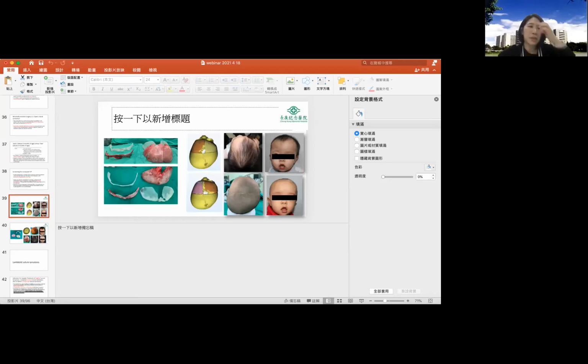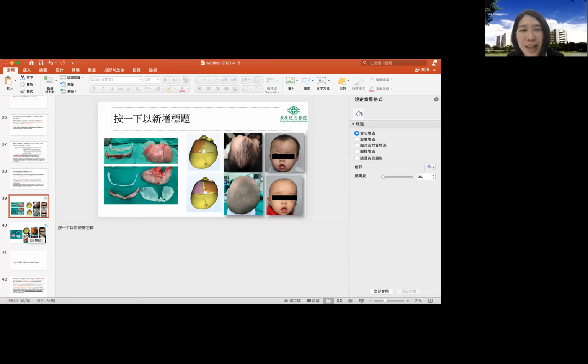Actually, I only do the distractor. We have a distractor in Taiwan, and we do the distraction for the syndromic cases, like brachycephaly, like Apert patients with bicoronal suture synostosis. I will do the posterior distraction. Of course, I know there are a lot of places where the surgeons are really innovative.